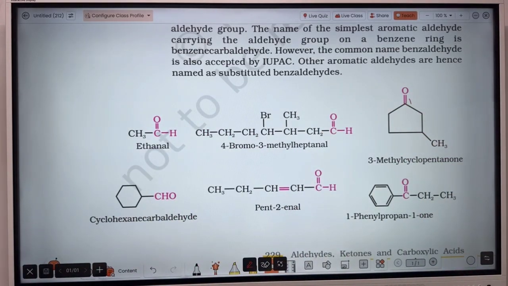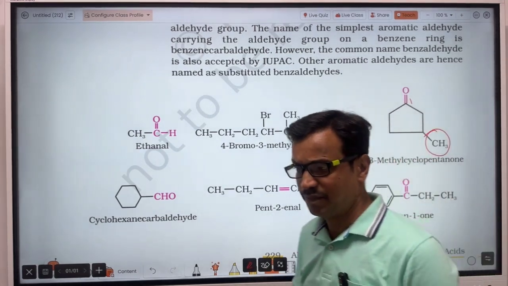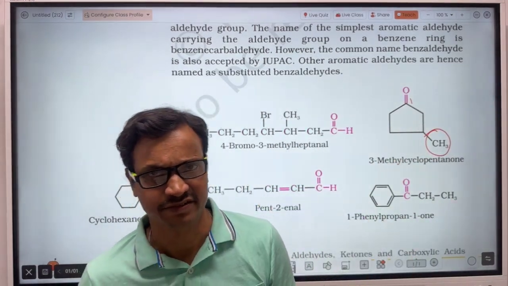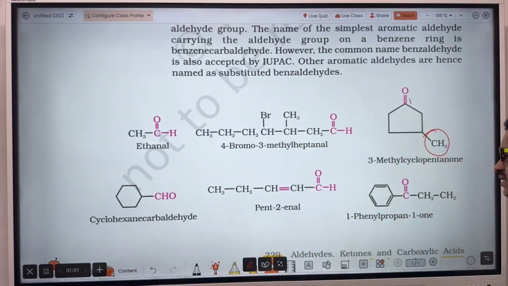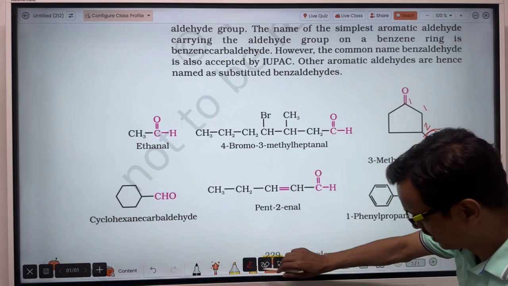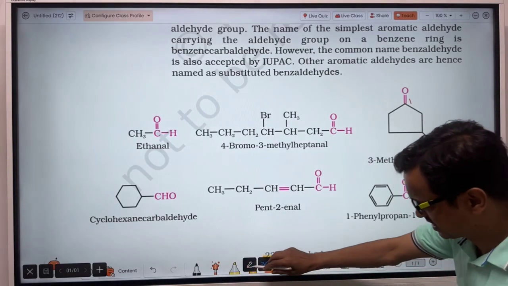And here also you will have to give the first position to this carbonyl carbon atom, and then give the lower position to the methyl group. That means you have to decide whether to go clockwise or anti-clockwise, so that the methyl group acquires the lowest position. Here the methyl group gets the lowest position when you do the numbering in clockwise direction.